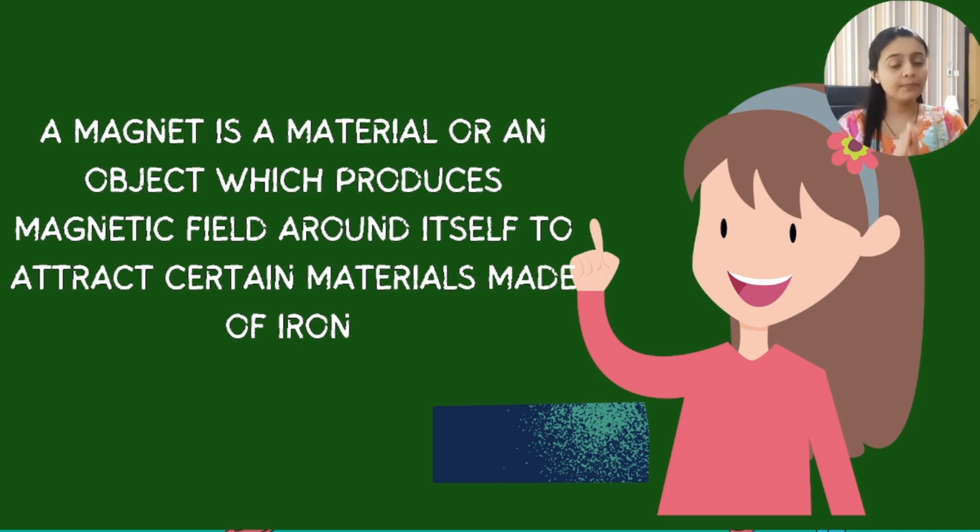First of all, please consider this: is a magnet just a piece of iron which attracts every object present nearby? Let's see, am I right or not? All the objects which are made of iron get attracted towards the magnet and stick on it. Let's see how.